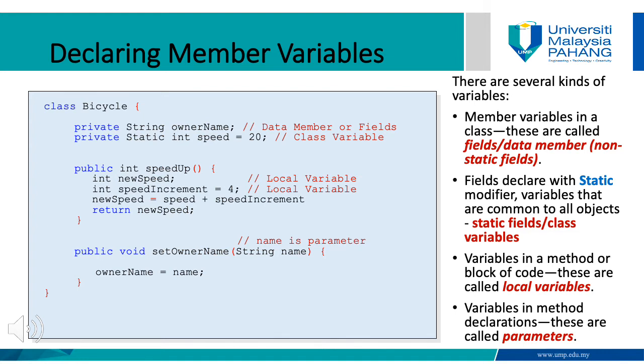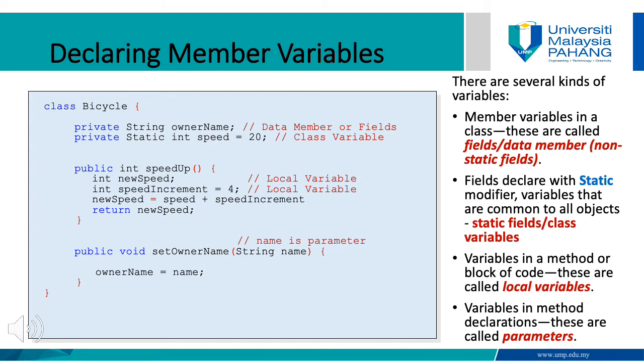And then variables in a method or a block of code are called local variables. And the variables in method declarations are called parameters. So let's see the code here in this class Bicycle.